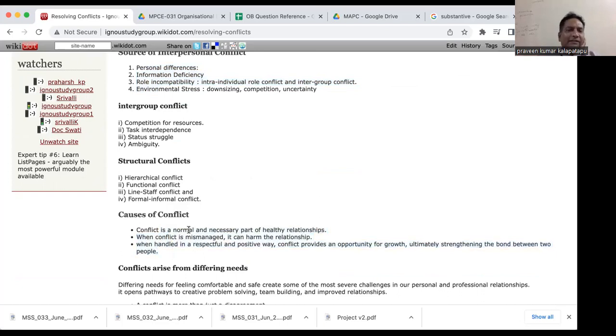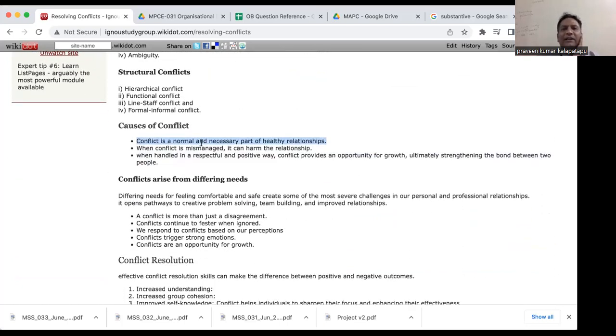It is going to be very similar, where conflict is a normal, necessary part of healthy relationships. If conflict is mismanaged, then it can harm the relationship. If conflict is handled respectfully, then it is going to be very positive, and it provides an opportunity for growth, and ultimately it is going to strengthen the bond between two people.